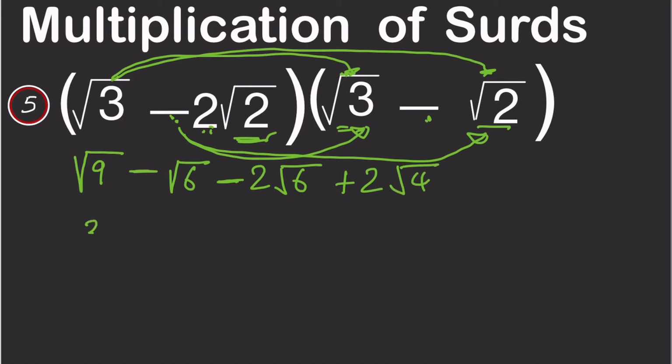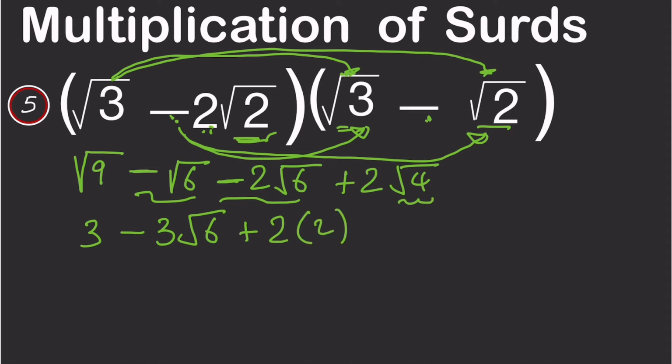So this will give us 3, then minus root 6 minus 2 root 6 will give us minus 3 root 6, plus the square root of 4, which is 2, times 2, giving 4. So this will give us 3 minus 3 root 6 plus 4.